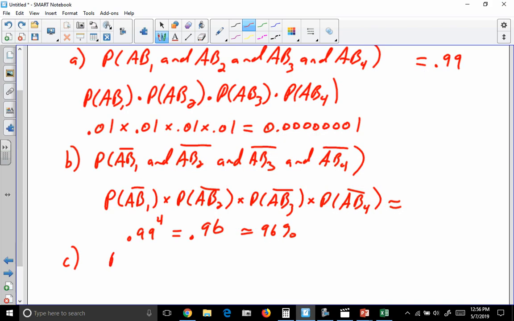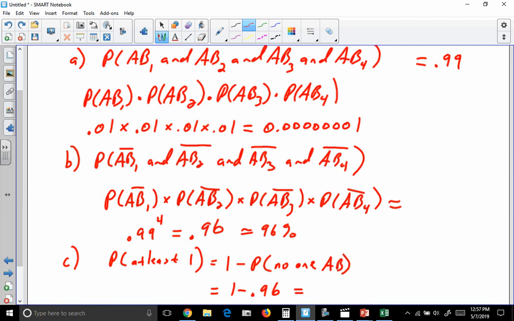So if we want to know the probability that at least one person has type AB blood, then that's going to be 1 minus the probability that no one had type AB blood. Well, we just found out that the probability that no one in our group had type AB blood is 0.96.